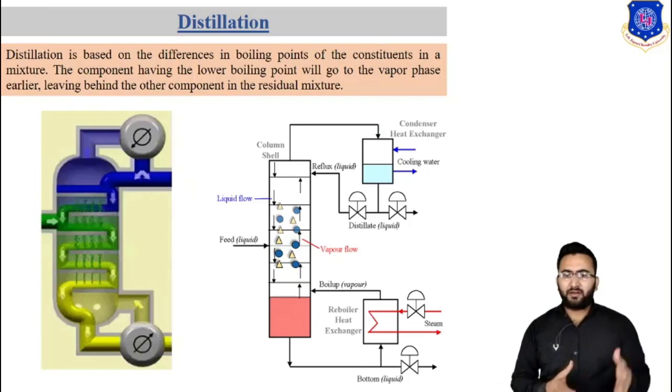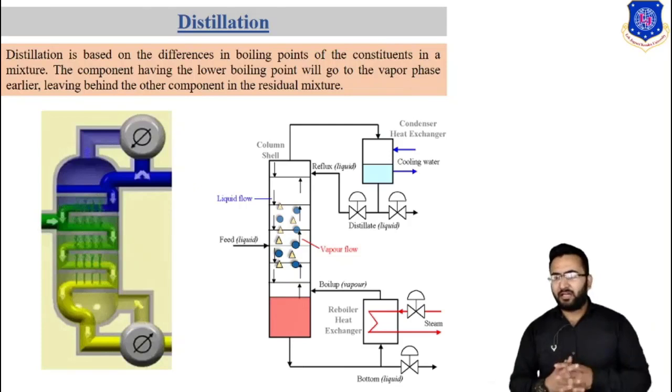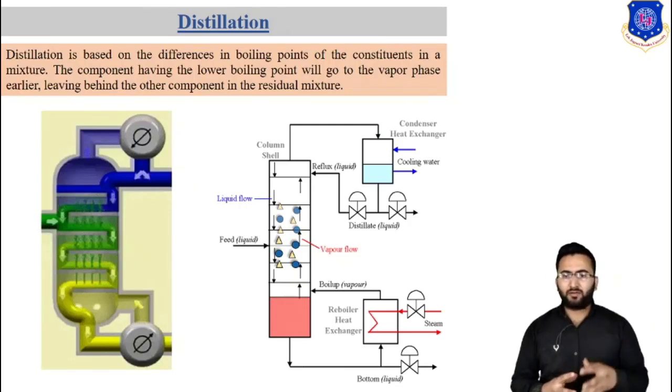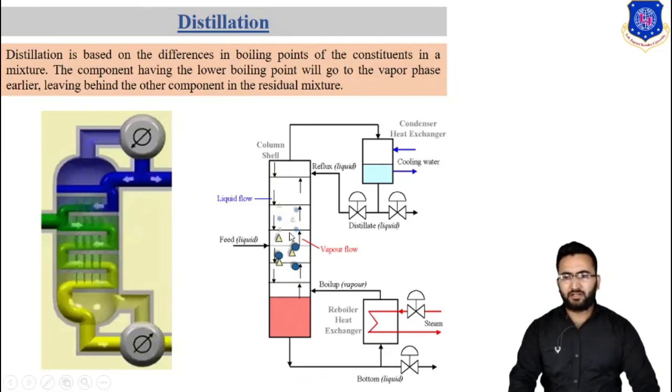This operation is carried out in countercurrent fashion and this enhances the efficiency of the process. This is generally used for the separation of aqueous mixtures of various organic solvents like toluene, benzene, acetone and ethyl benzene. So this is all about distillation.